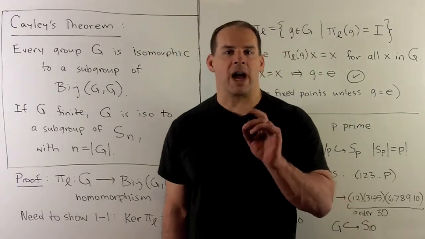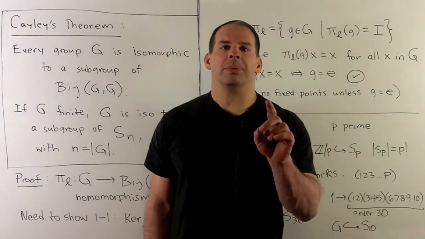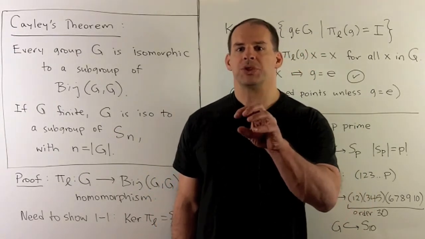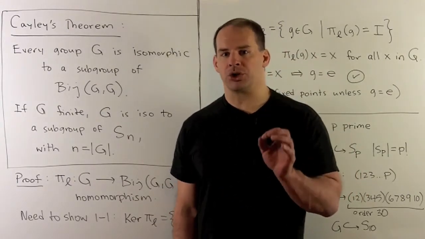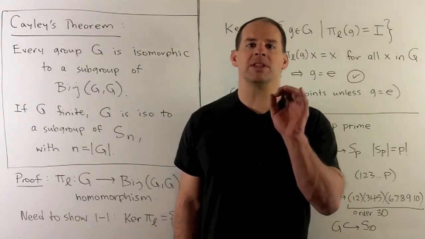What does the left regular action get us? It gets us Cayley's theorem. So the idea is going to be, if I want to understand groups, we try to contain these groups in other groups that are well understood. So the groups we're going to use here to contain all groups are going to be the symmetric groups.